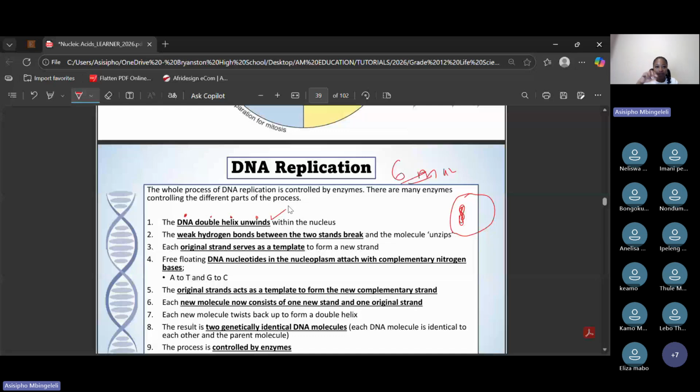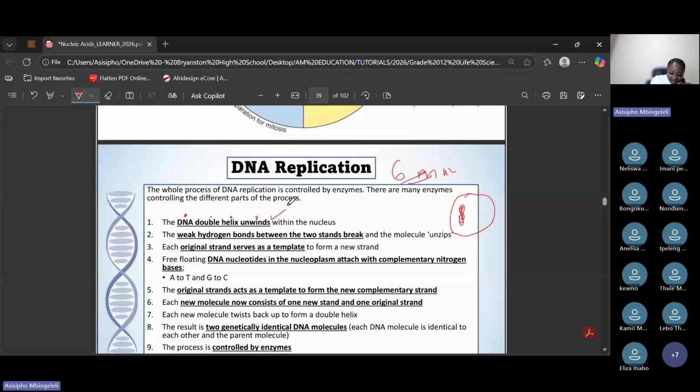So let's picture it. Now, DNA is in its natural form, it's helical. Then the first thing that is going to take place is that it needs to unwind. When it unwinds, what you're able to see is my 2 fingers attached together. Now, the reason that my fingers are attached together is because, remember, we've got bases here. So if I were to draw the 2 strands, which we are going to do, so these 2 strands will be bonded together by weak hydrogen bonds.